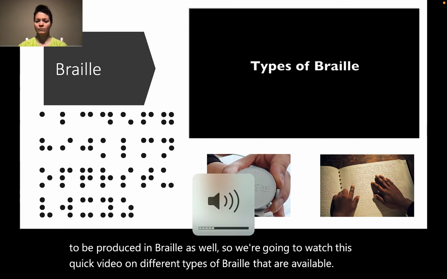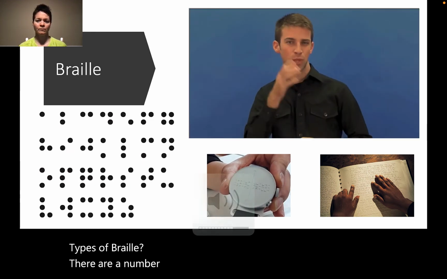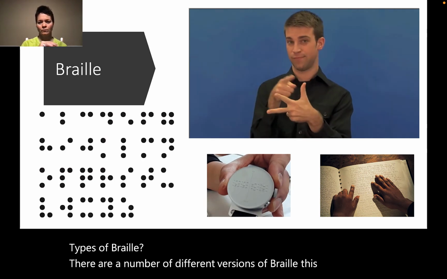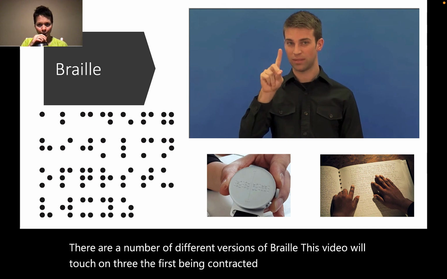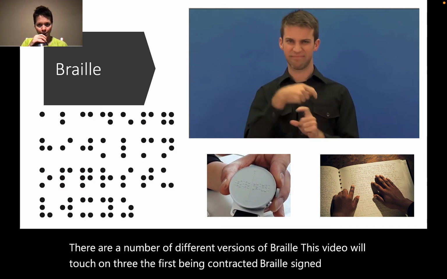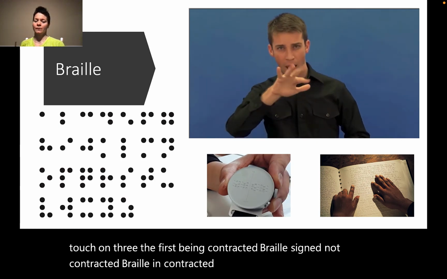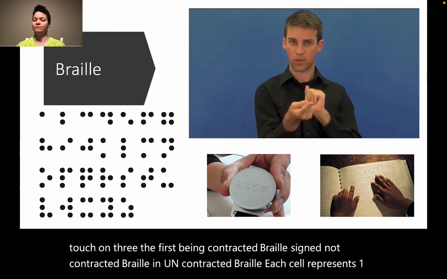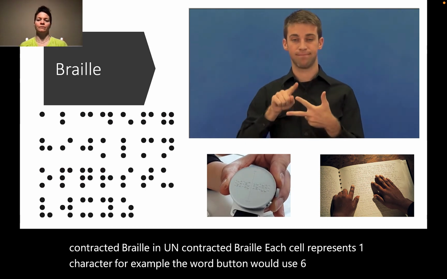Types of Braille. There are a number of different versions of Braille. This video will touch on 3. The first being uncontracted Braille, signed, not contracted Braille. In uncontracted Braille, each cell represents one character. For example, the word button would use 6 cells, 1 letter per cell.